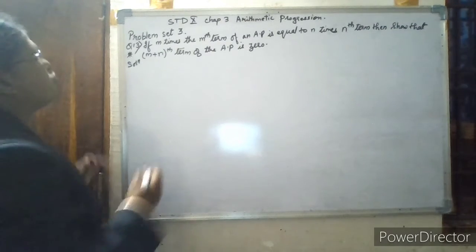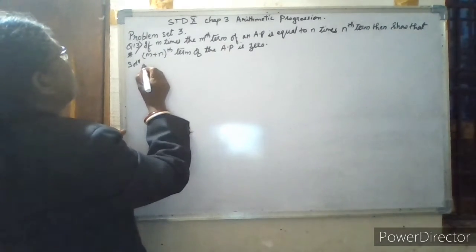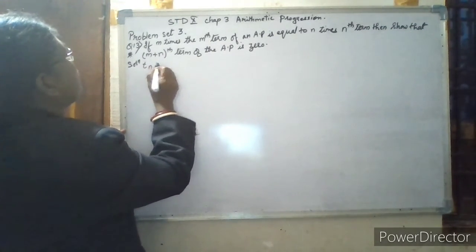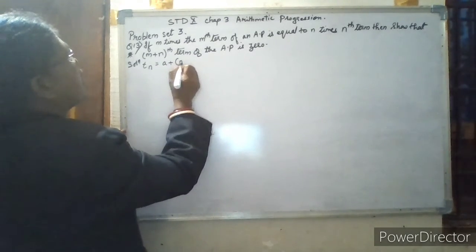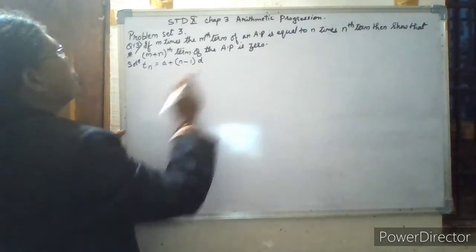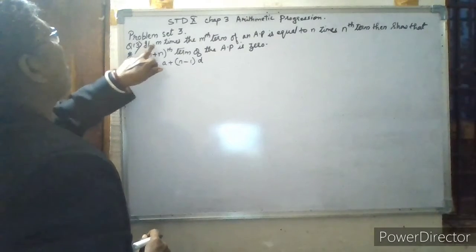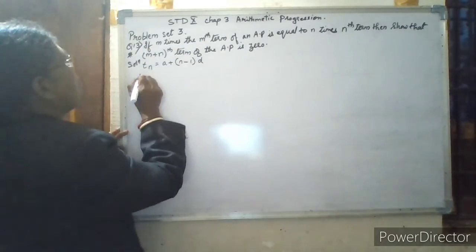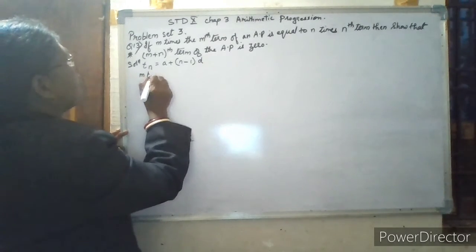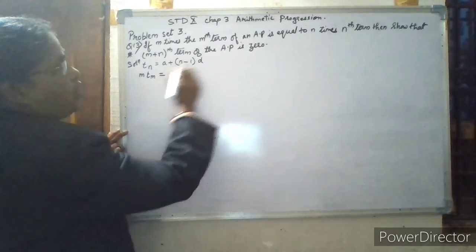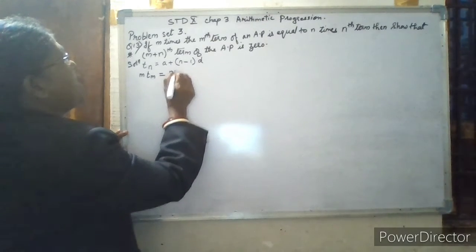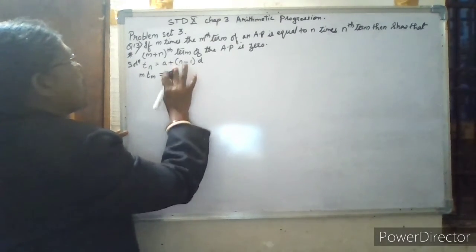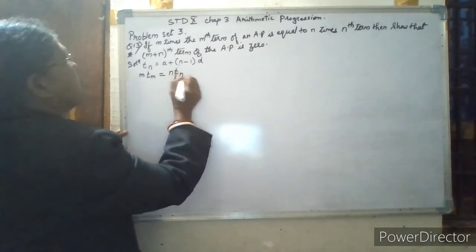Here we know that the nth term formula is equal to a plus n minus 1 into d. Based on this formula, if m times the mth term of an AP is equal to n times the nth term, this is what is given.